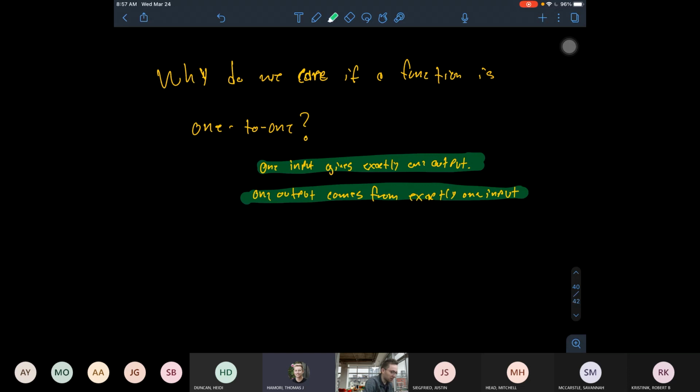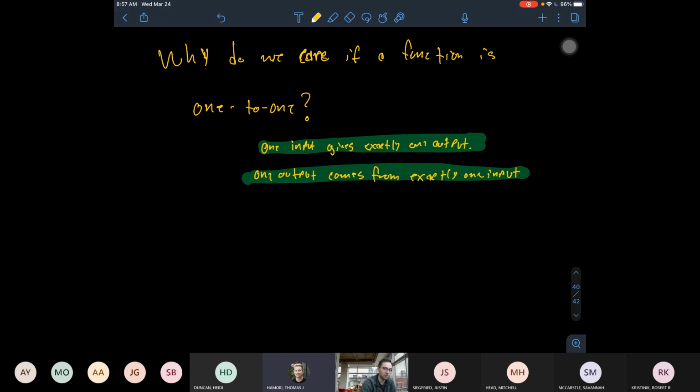The difference between going from inputs to outputs versus going from outputs to inputs?